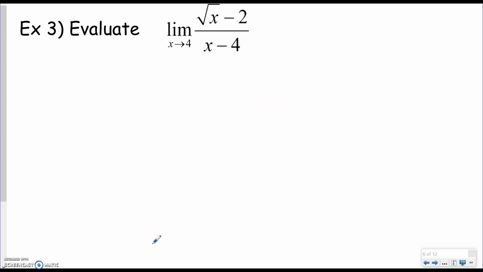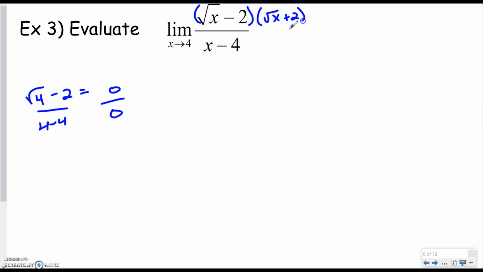Okay, next one. We have the square root of x minus 2 over x minus 4. When I substitute that in, I end up getting 0 over 0. Now this one is a little different. When you see these square roots, we're going to use conjugates, and you haven't heard about conjugates for a while, but if I have a square root there, the conjugate of this polynomial is the square root of x plus 2.